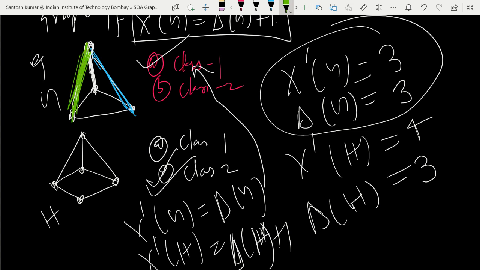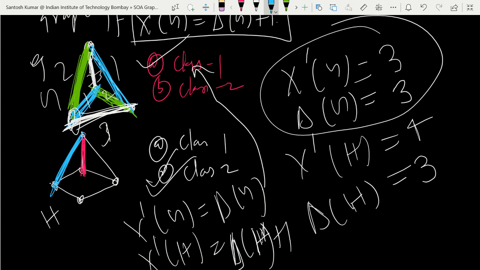So here you can take this color, and here this color, here this color, labeling the edges 3, 2, 1. Same here, color 1, 2 and 3.